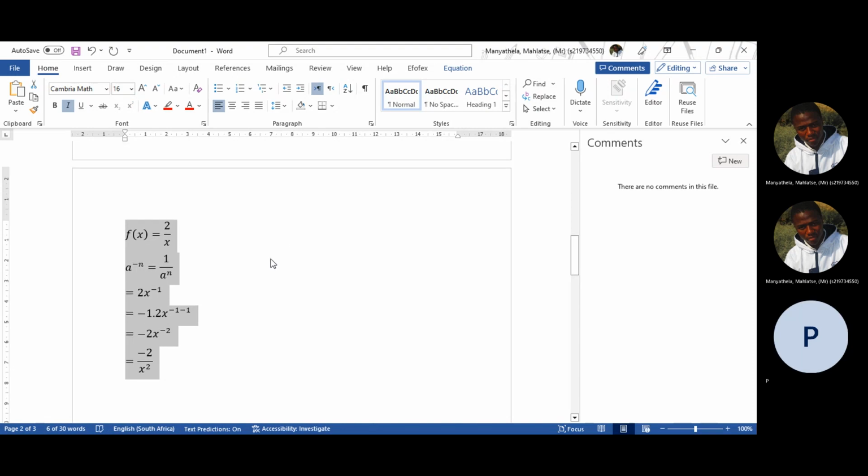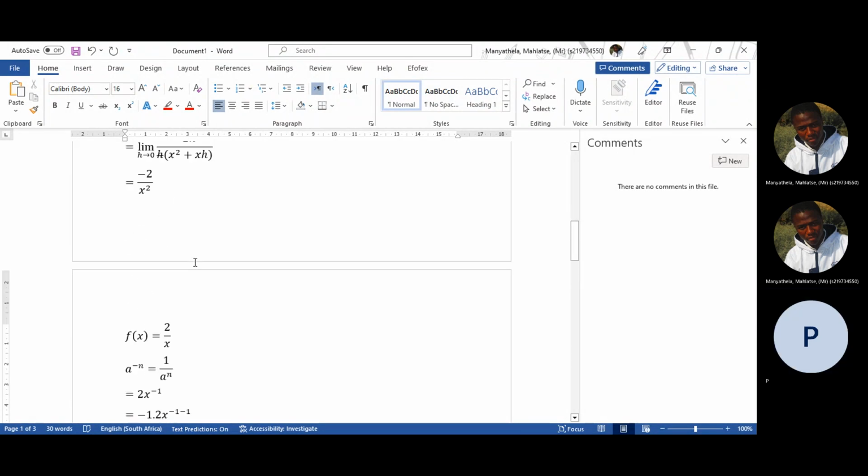But another thing, if you're given something like this and they say determine from first principles, my advice to you would be first use rules of differentiation. Then once you get the answer, just know that when you're going to use the limit, the answer that you got should be the same as the one that you're going to get when you use the limit of the function.